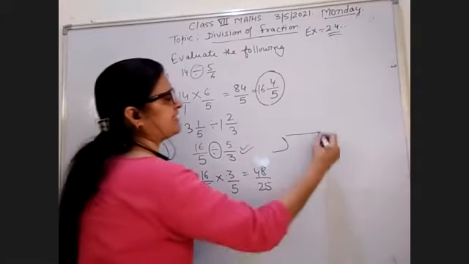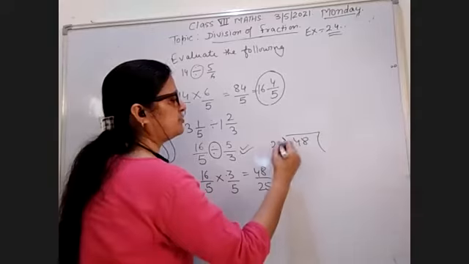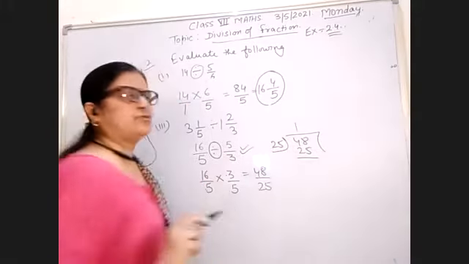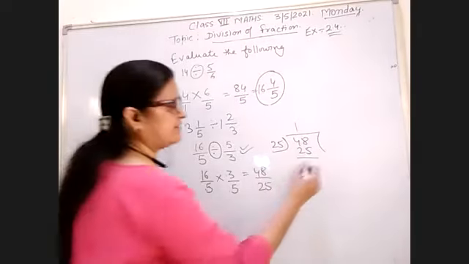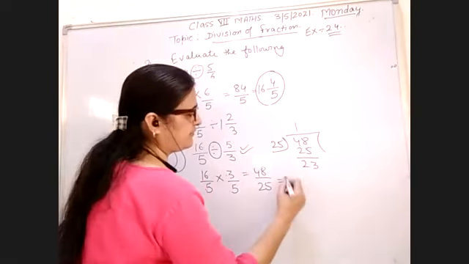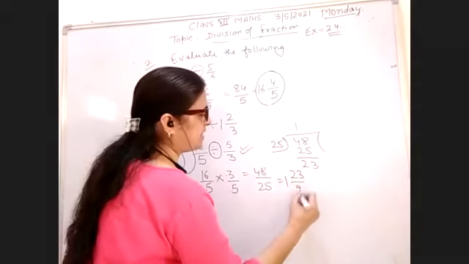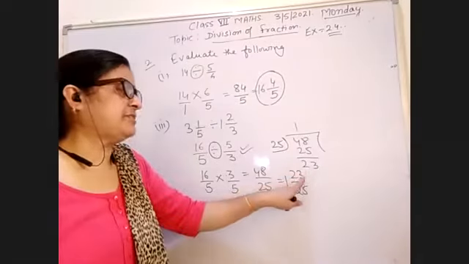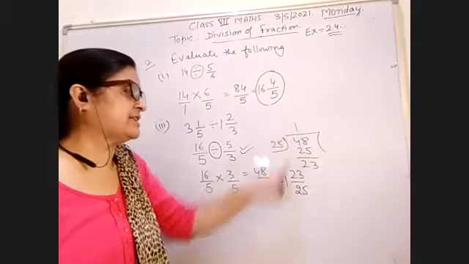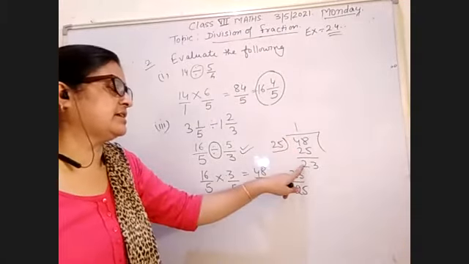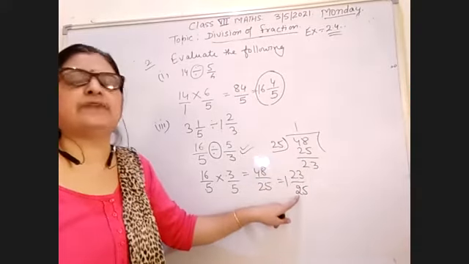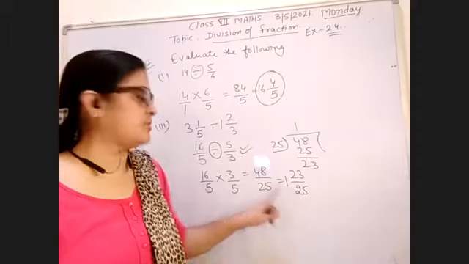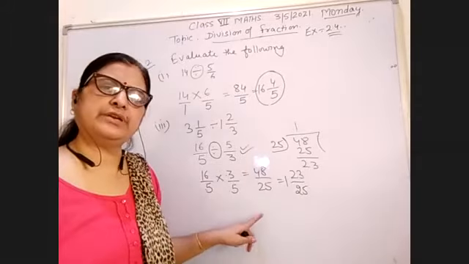Now 48 is greater than 25, so you will have to divide 48 by 25, and now you get 1 23/25. First write the quotient, then the remainder over the divisor. This is the mixed fraction of 48/25.